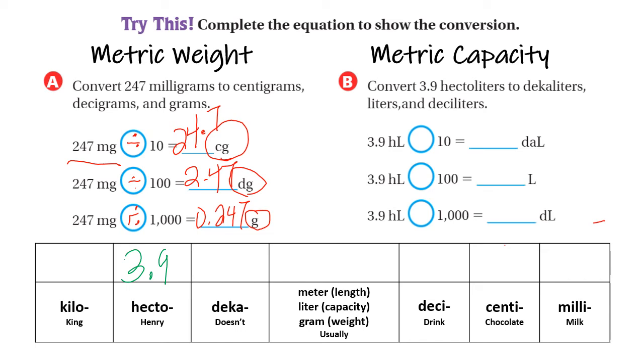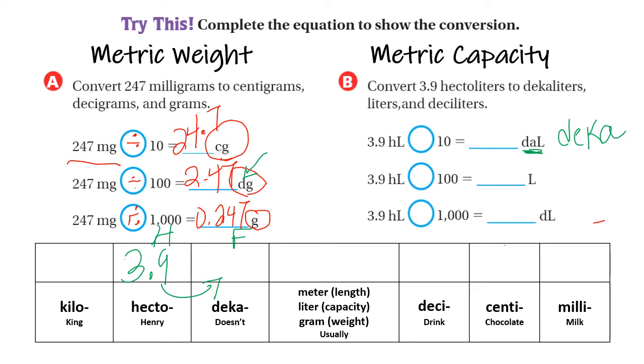Do you notice the difference here? This DA stands for deca. Well, if you just have the lowercase d like we did over here, that's deci. So the DA is deca. So decaliters. So we're going from hectoliters to decaliters. Okay? We are going from horse to fly. So hectoliters is our larger unit.